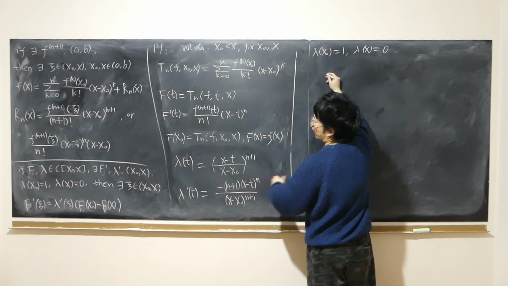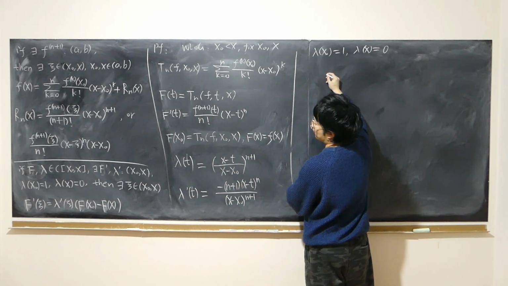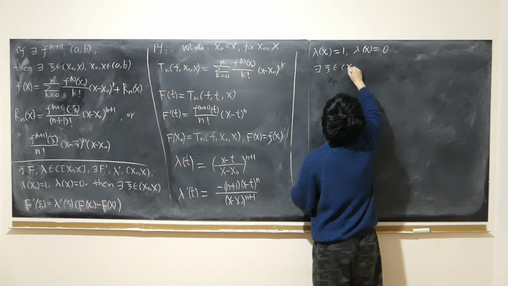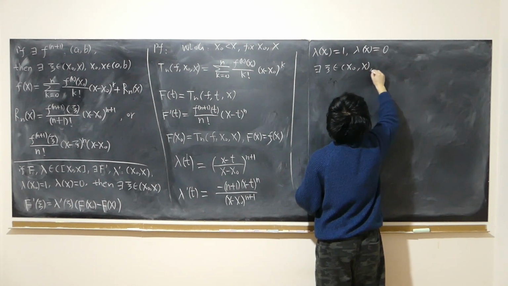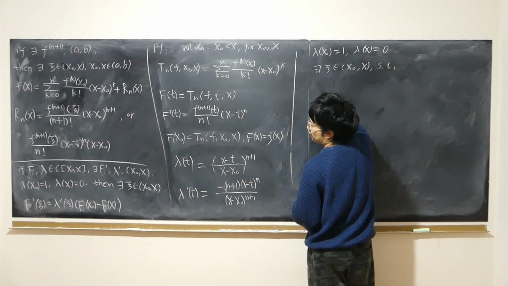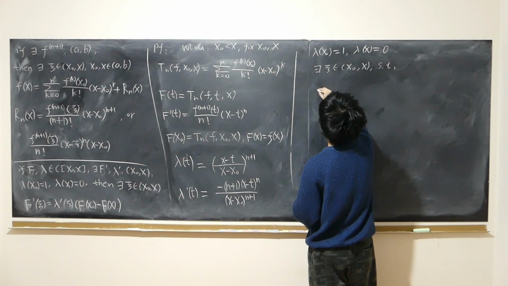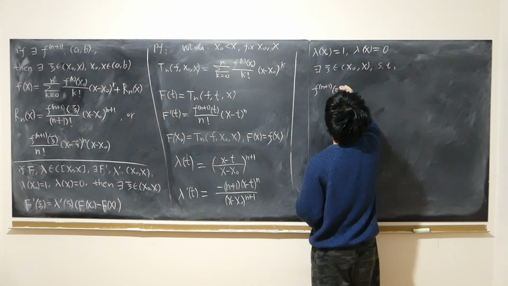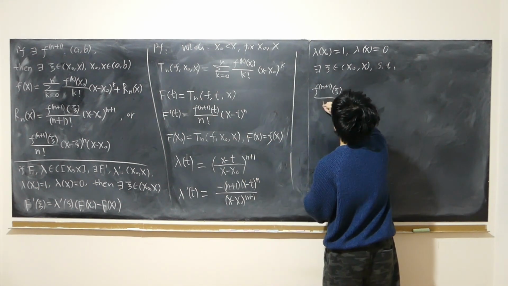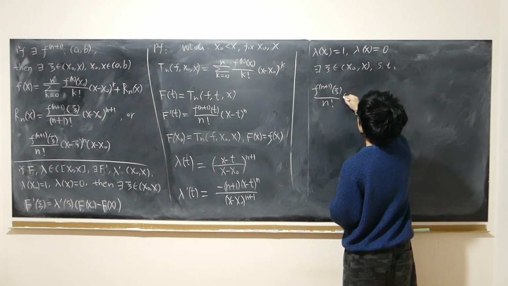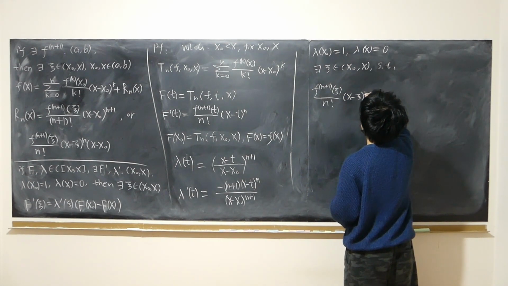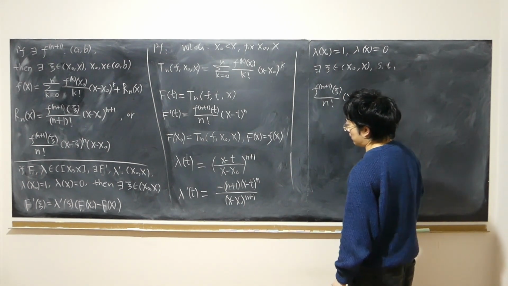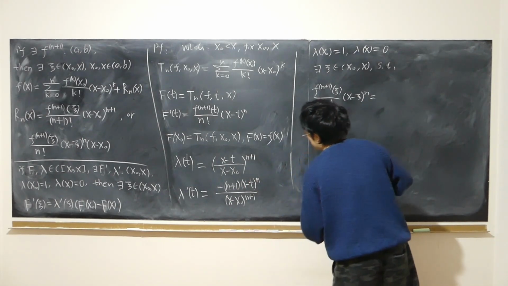So according to our lemma, there must be some Cauchy inside the open interval so that f prime of Cauchy, that is f n plus 1 of Cauchy over n factorial times x minus Cauchy to the power of n, is equal to lambda prime of Cauchy, just replacing t with Cauchy.